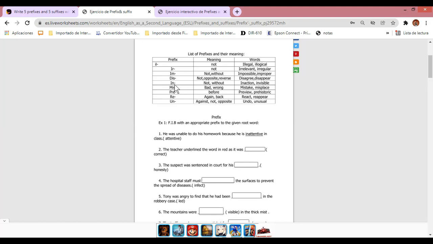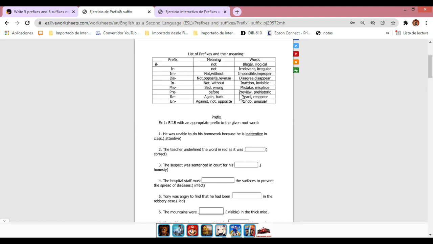In, the meaning is not and without. Inaction, invisible. Yes, invisible. Mis, the meaning is bad, wrong, mistake, misplaced. Something is bad or is wrong. Pre, the meaning is before.